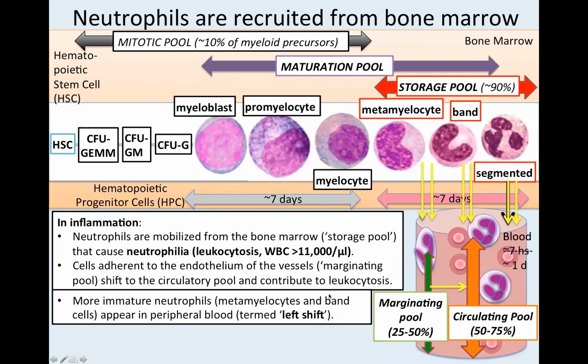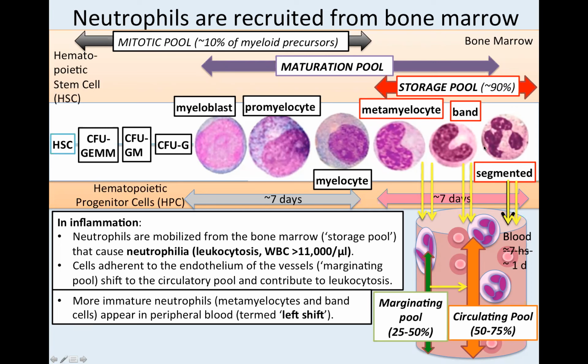We also call it a left shift when these earlier types of cells, which do not have the 3 to 5 lobules of the nucleus, appear in the circulation in larger quantities, because we normally throw them to the left.